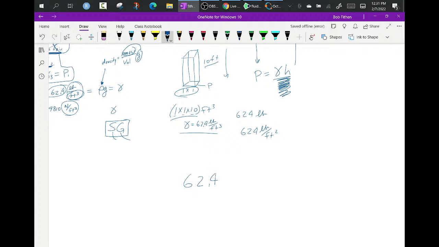Seawater's a little bit heavier than this, but let's just assume we're going in the lake, and we're going to go down. There isn't a lake with a depth of 5,000 feet, but I think the Marianas Trench is like a mile deep. So you start looking at that.